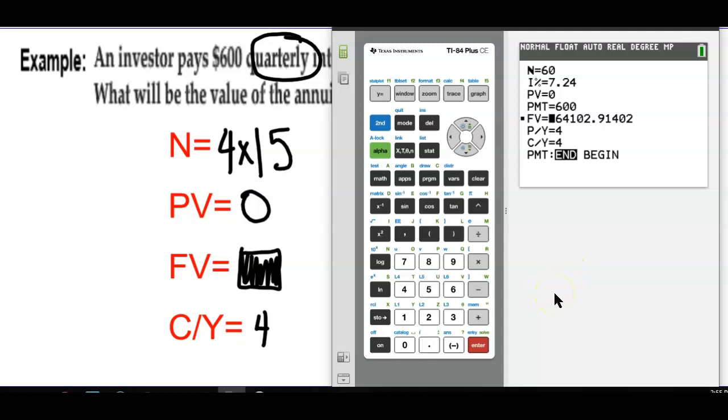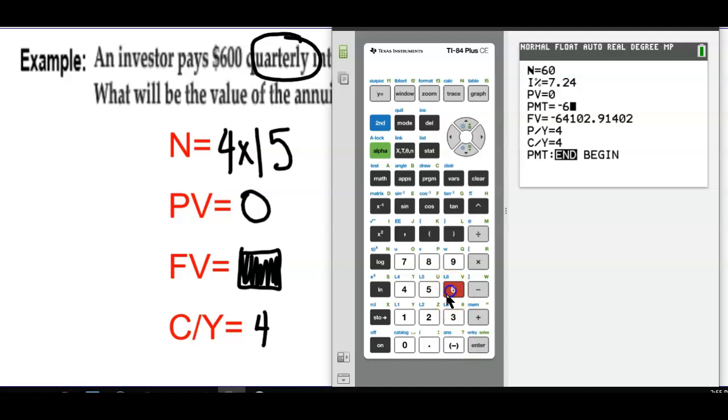Now, I need to explain why it's negative. The reason it's negative is if you consider giving the bank $600 as positive, then this is the bank giving you back $64,000 after 15 years. These have to have opposite signs, and it doesn't matter which way you do it.